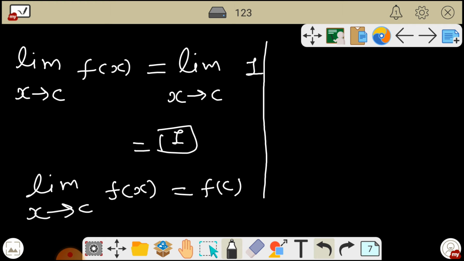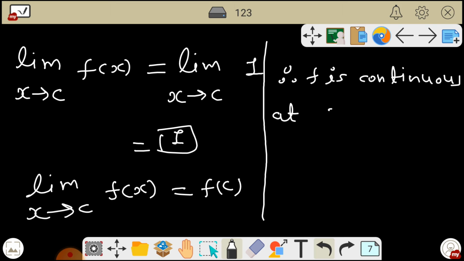So let me write it here. Therefore, f is continuous at x greater than 0. So for all the points which are greater than 0, our function is continuous.